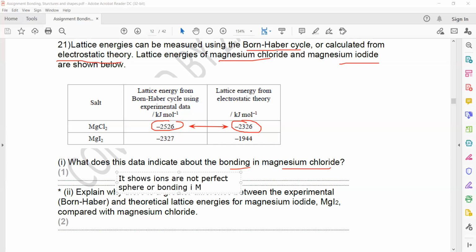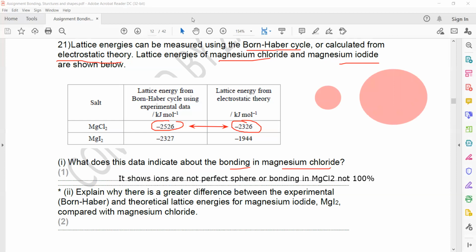The bonding in magnesium chloride, MgCl2, is not 100% ionic. Because of distortion, there is a covalent character. So basically, if this is a magnesium ion and then the chloride ion, the chloride ion is distorted or polarized due to magnesium. That's why we find the difference in the theoretical and the experimental value of the lattice energy. Is it clear?